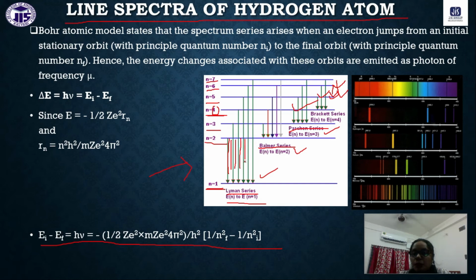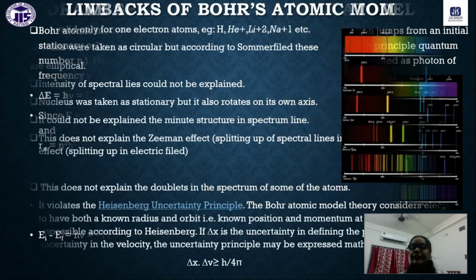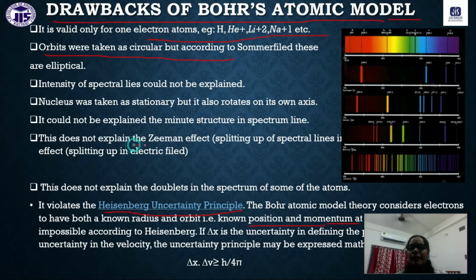From Bohr's atomic model, we cannot explain this further splitting of energy levels. If we apply a magnetic field, it is called the Zeeman effect, and if we apply an electric field, it is called the Stark effect. So the Zeeman effect or Stark effect cannot be explained by Bohr's atomic model. These are some of the drawbacks of Bohr's atomic model.